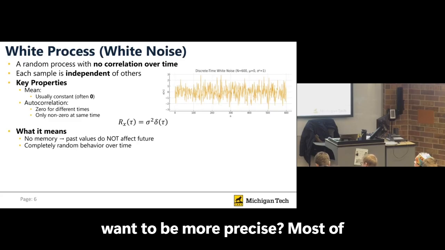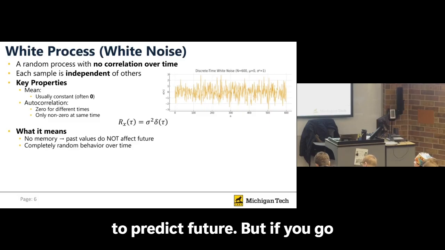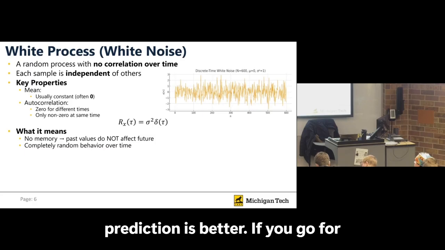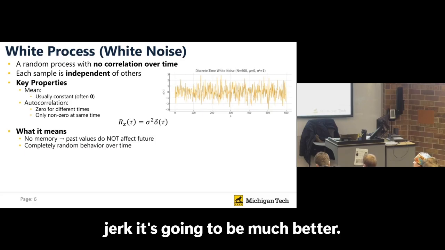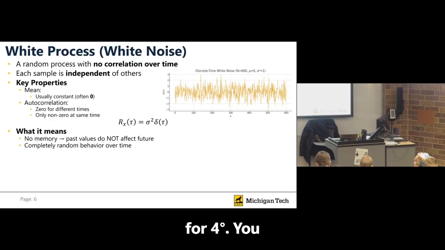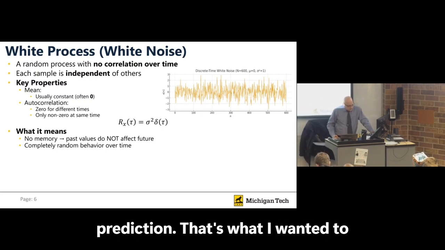Most of the time, position and velocity are enough to predict the future, but with acceleration your prediction is better. With jerk it's much better, and so forth. That's what I wanted to mention.